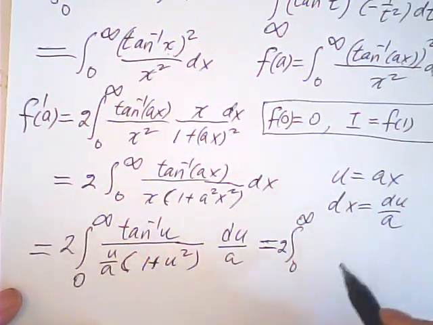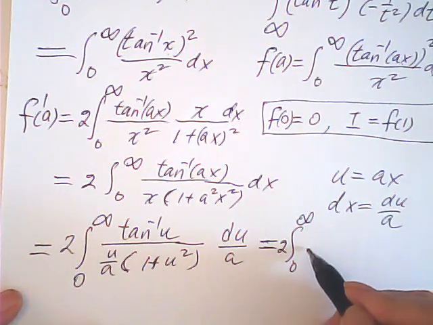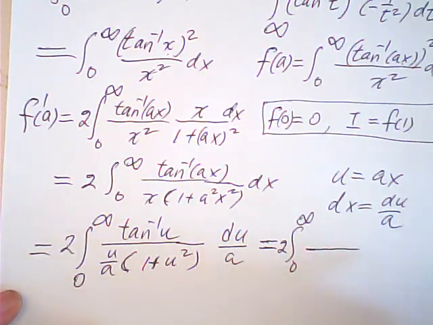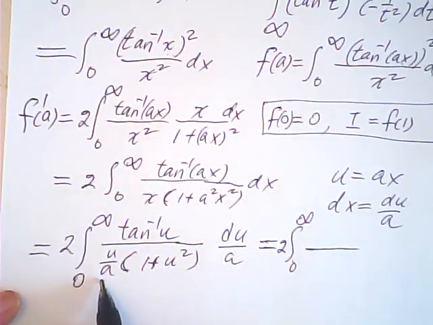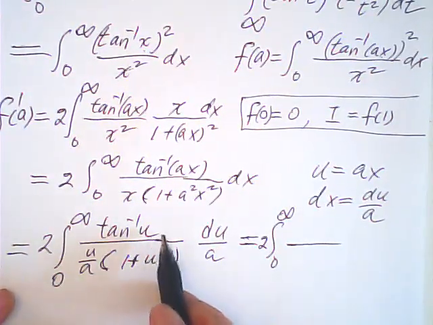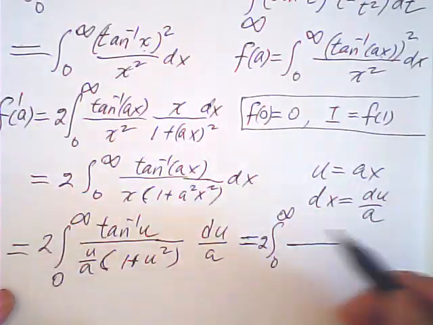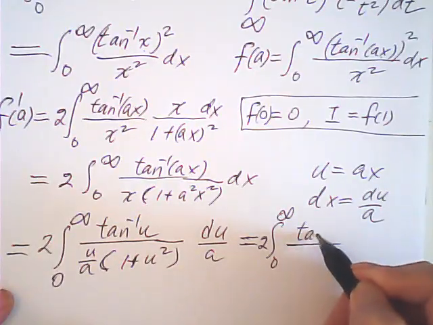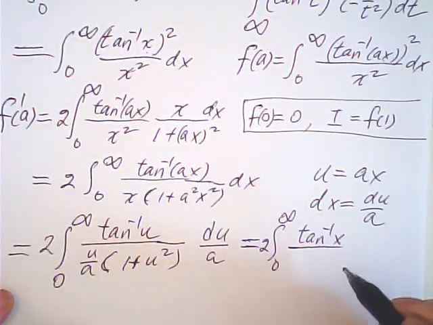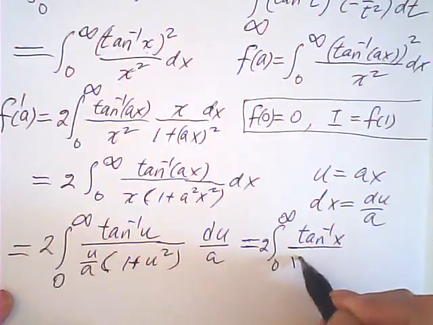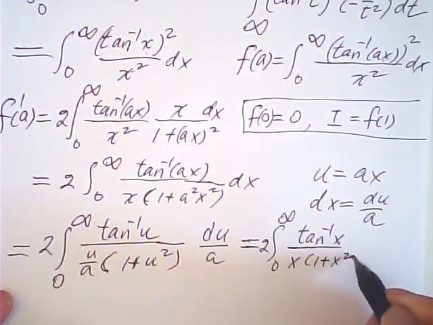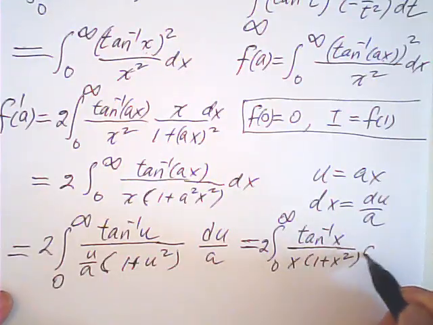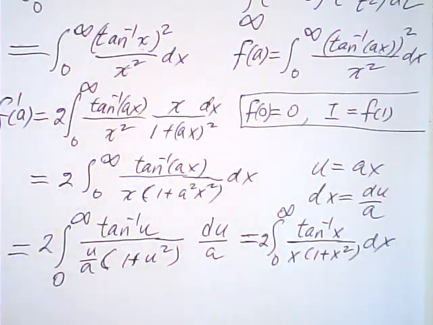Twice, a cancels out. Let me write x for u, these are just dummy variables. It is equal to 2 times the integral of arctangent x over x times 1 plus x squared dx. Good.